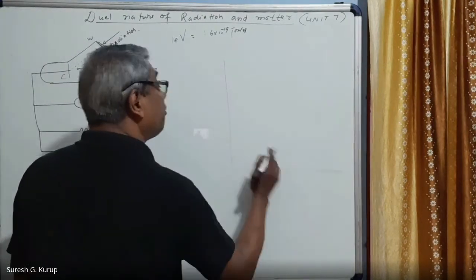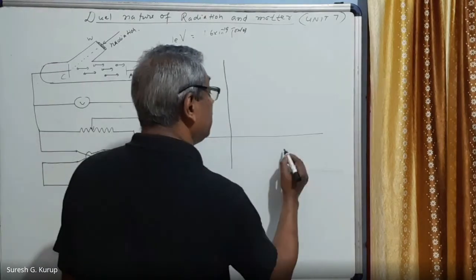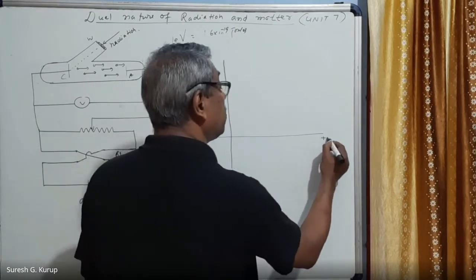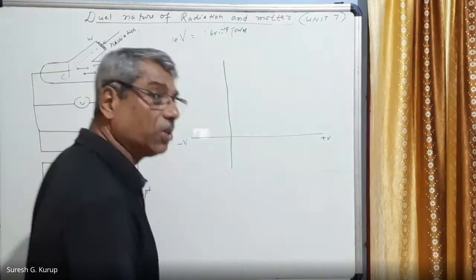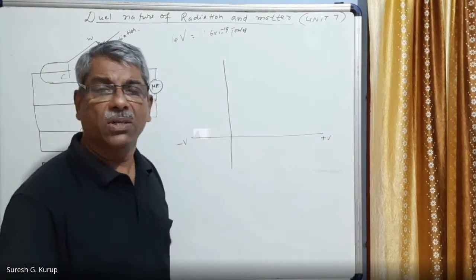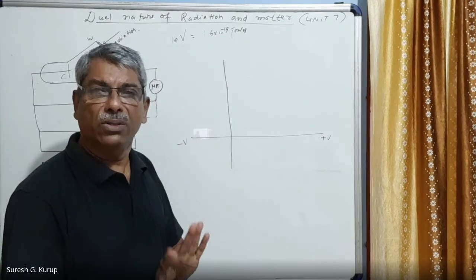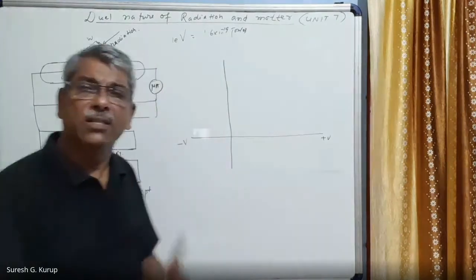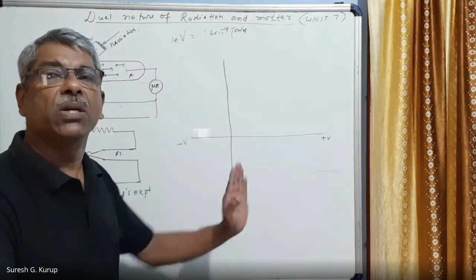That's the condition, and experimentally we can prove it. A graph is made at different values of this accelerating potential. This is positive potential, and this is negative potential, right? What are constant in this case? Intensity is constant and also frequency is constant. Suppose we are changing the potential of the anode plate from negative to positive.